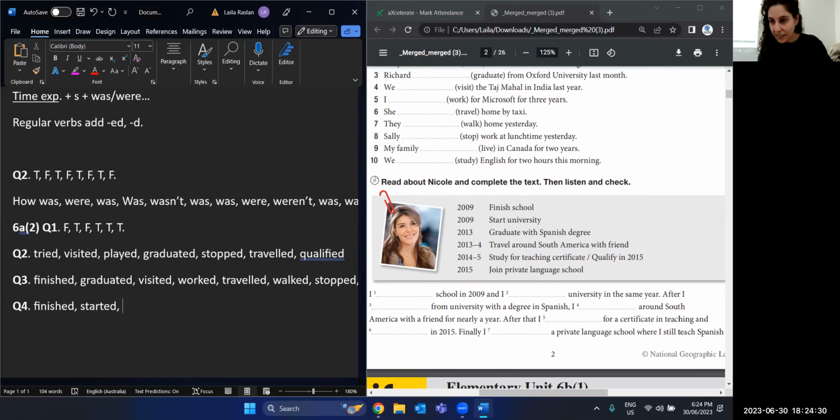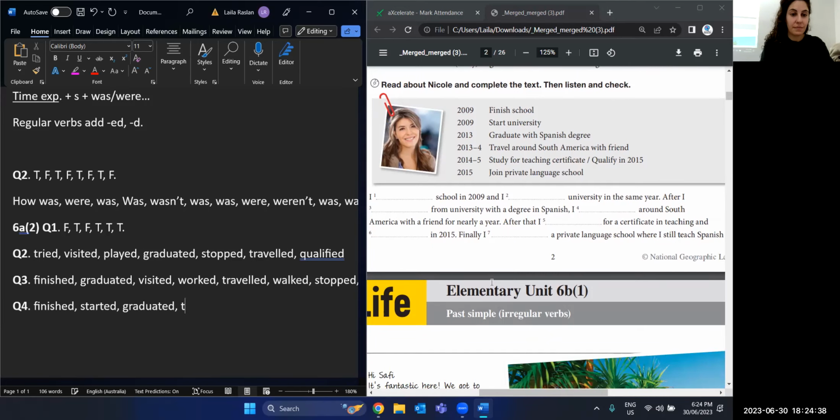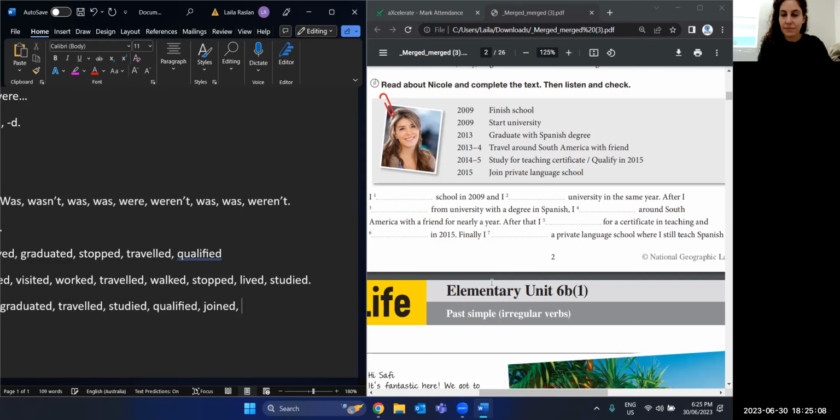After I graduated from university with a degree in Spanish, I traveled around South America with a friend for nearly a year. After that, I studied, because she went back to study. I studied for a certificate in teaching and qualified in 2015. Finally, I joined a private language school where I still teach Spanish.